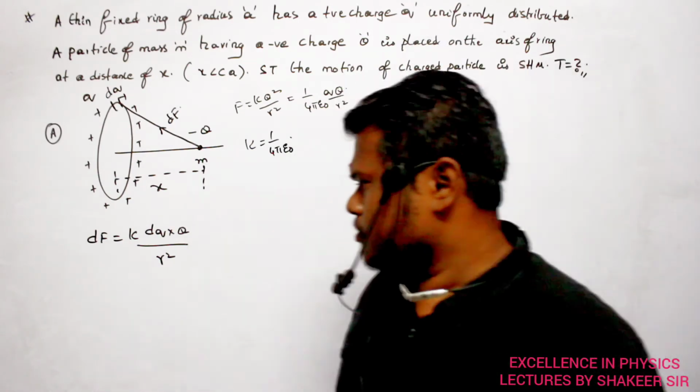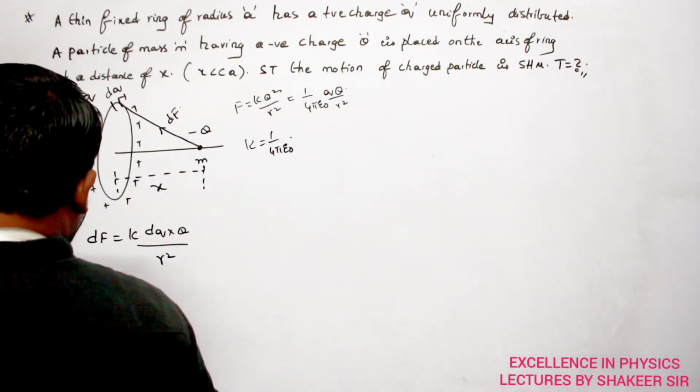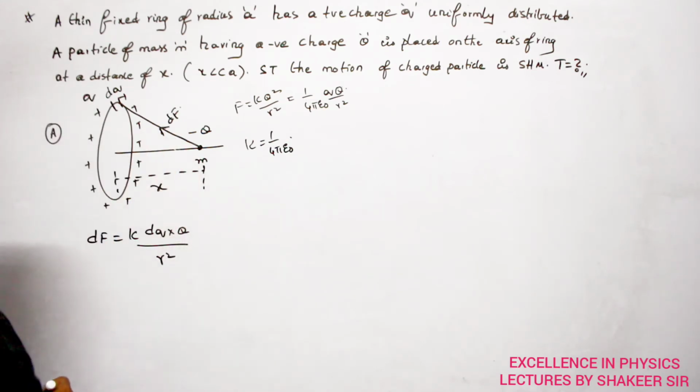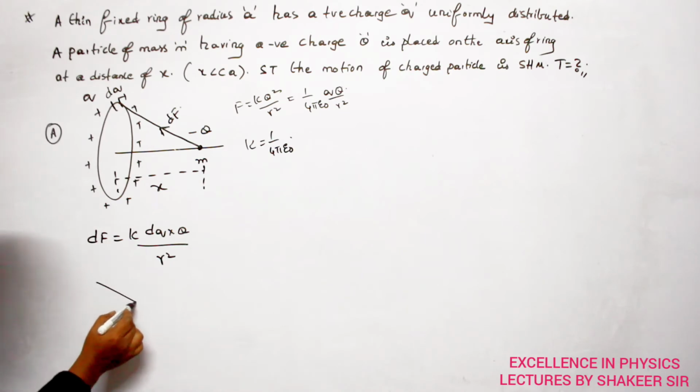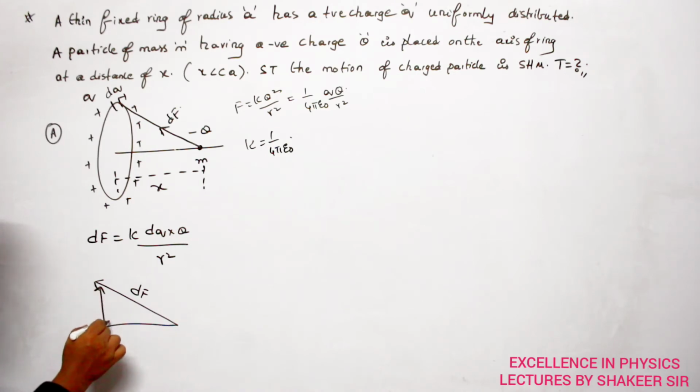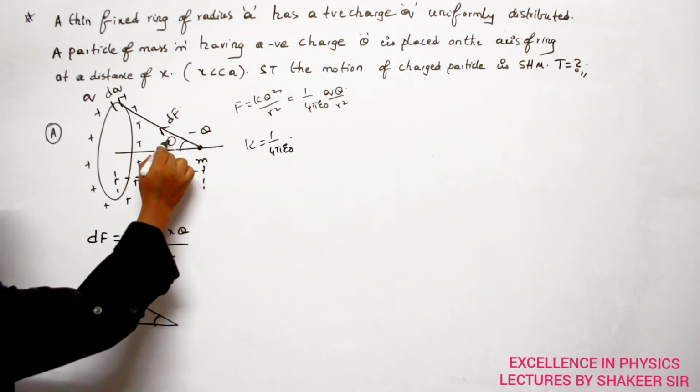So therefore, this force is acting in which direction? This force is acting in this direction. Clear? So this force vector, I can split into two components. So let this angle be angle theta.